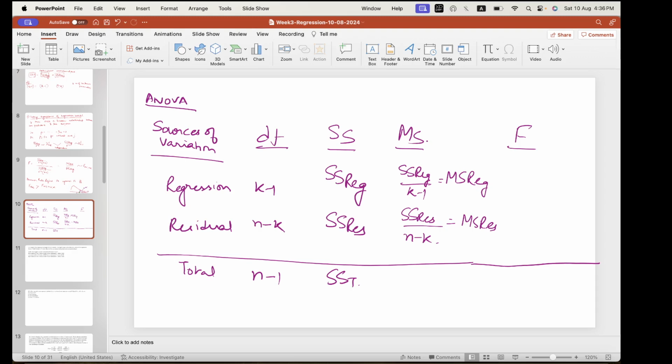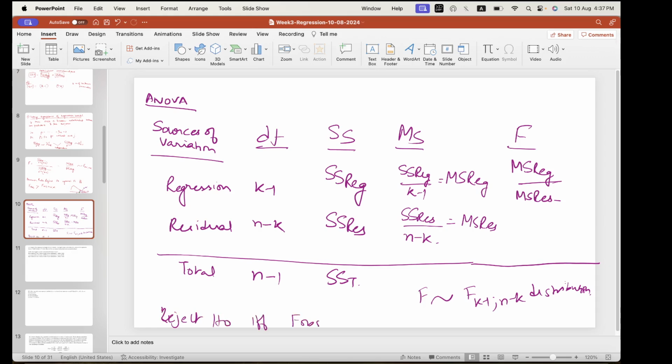Okay, so F is MS regression by MS residual, and then F also follows an F k minus 1 n minus k distribution, and our rule is we reject H naught if and only if F observed is greater than F k minus 1 n minus k alpha.